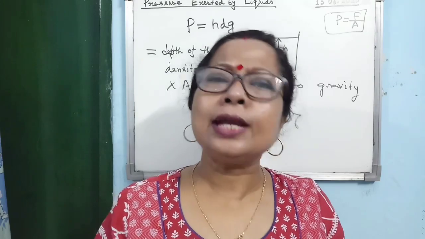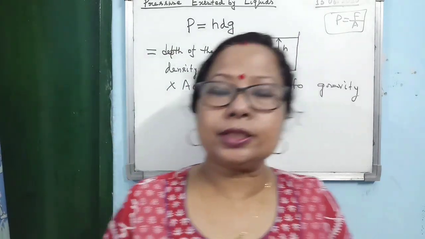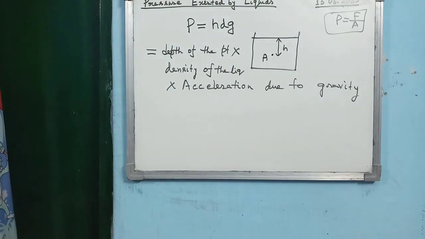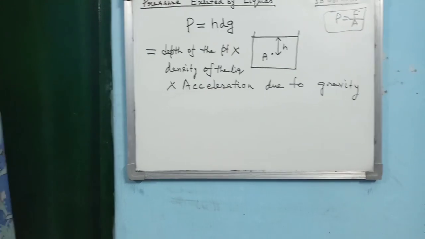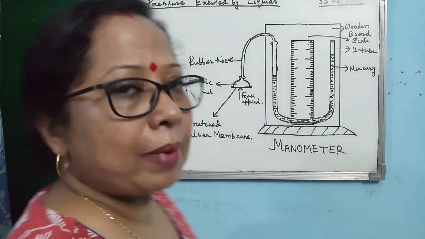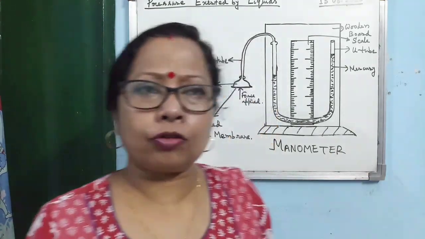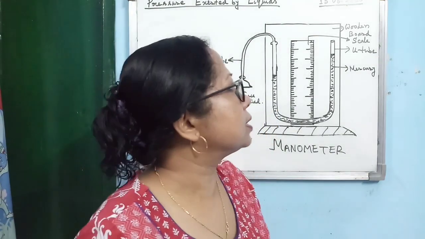Now, liquid pressure, as I said, is measured by a device known as a manometer. What is the simple structure of the manometer? Let us try to understand it.